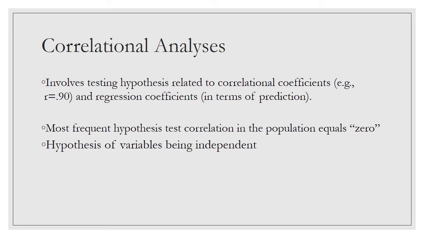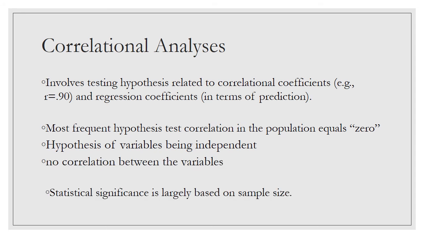Well, most of our variables, if they are completely independent of each other, the null hypothesis would say these two things correlate 0, or within some sampling fluctuation very close to 0. So if there's no correlation between the variables, then our null hypothesis is supported.